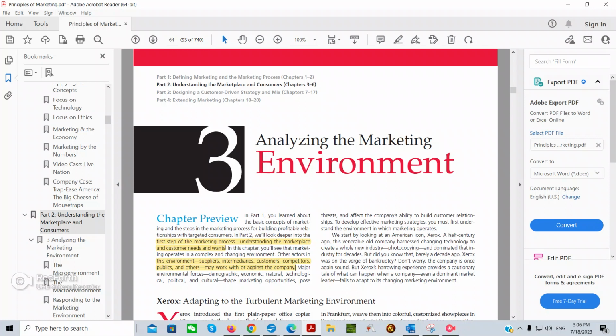Now, you may have an intermediary, which is a company that does a service on behalf of another company, to perform a service on behalf of that company for a customer.